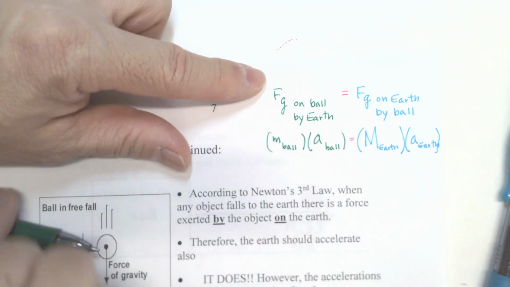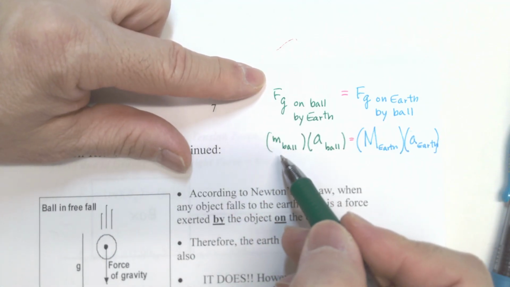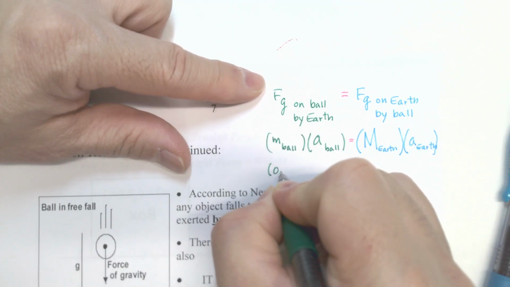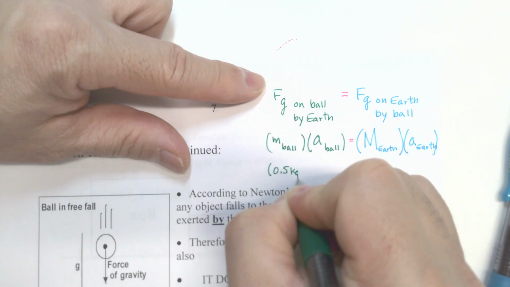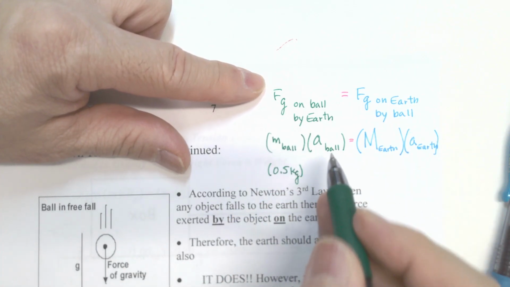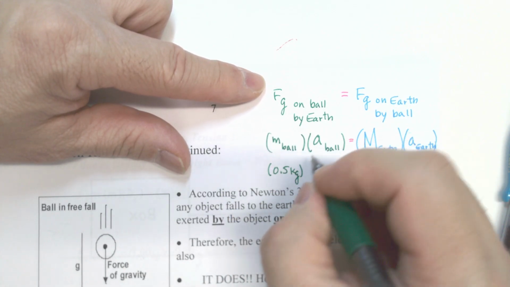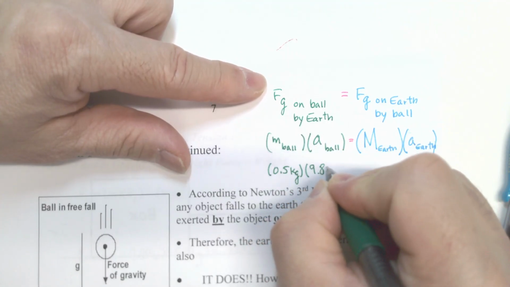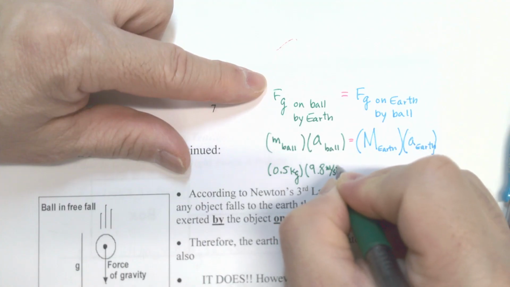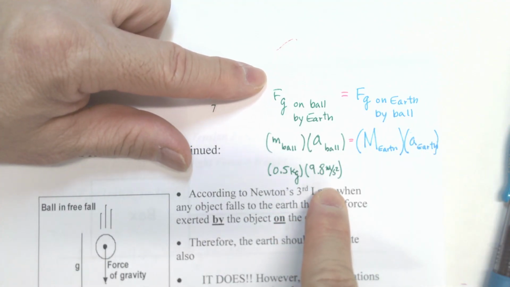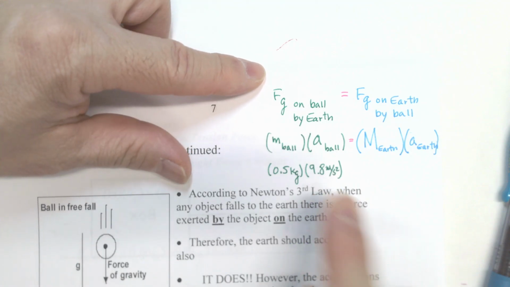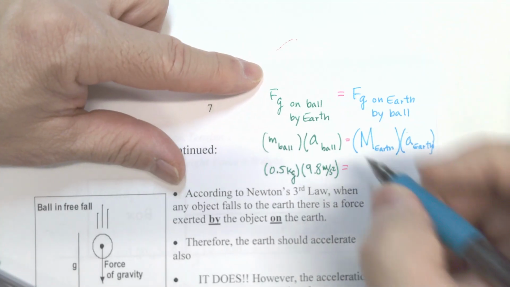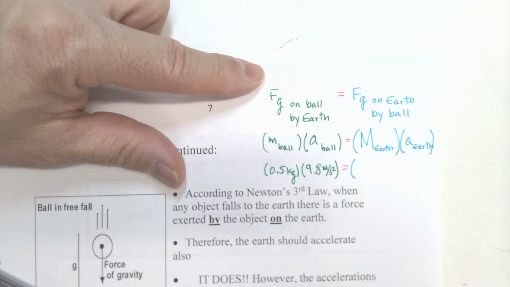Let's say the ball has a mass of 0.5 kilograms. We can definitely measure the acceleration of the ball. And that acceleration of the ball is 9.8 meters per second squared. We could definitely measure that. That has to be the same as the mass of the Earth.